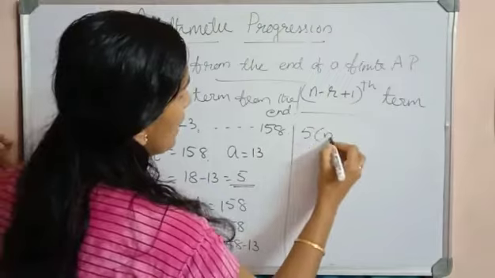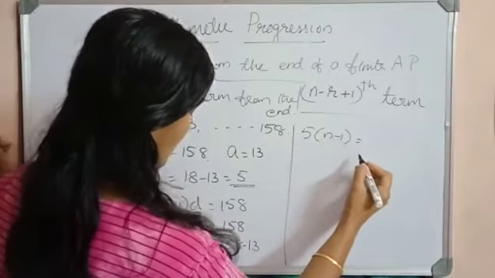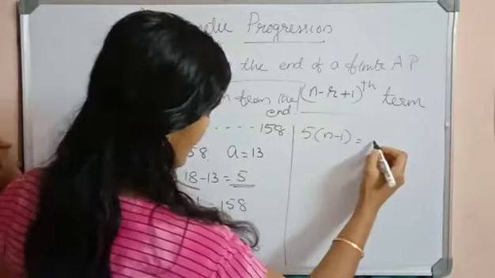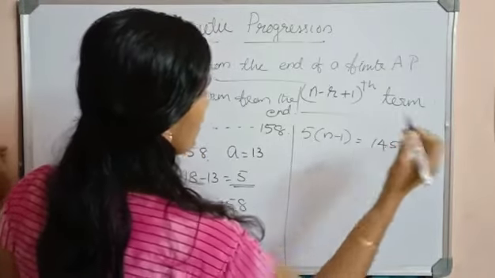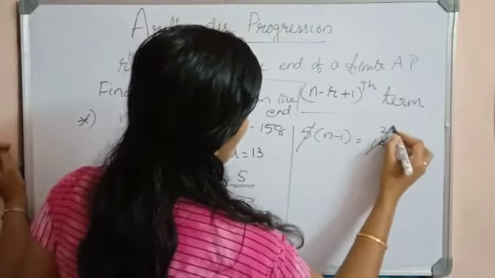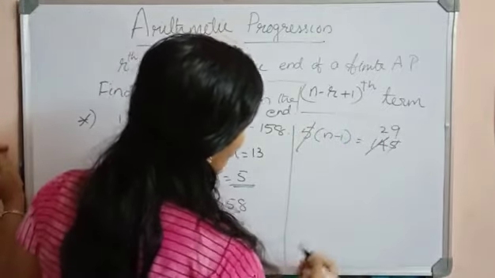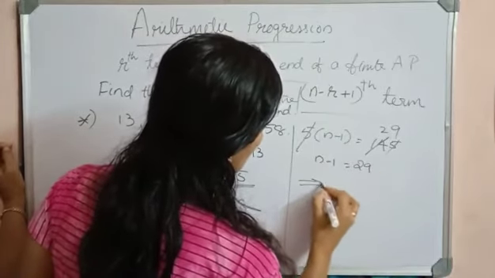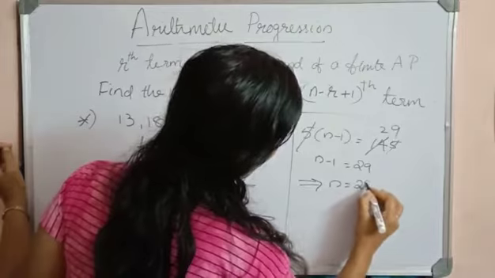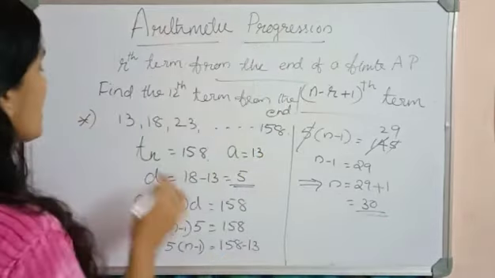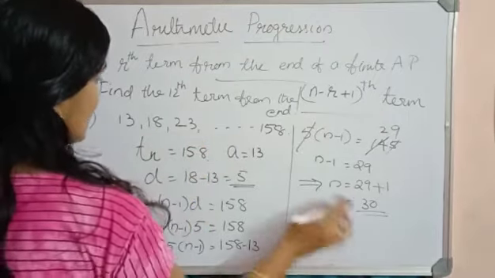If you subtract 13 from 158, you will get 145. Divided by 5, you will get 29. So n minus 1 is equal to 29. That implies n is equal to 29 plus 1, that is 30. So we can say that this particular AP has 30 terms.